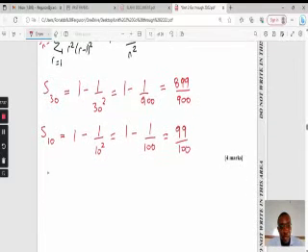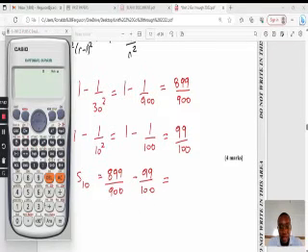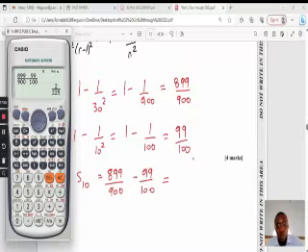So finally, S30 minus S10 is 899 over 900 minus 99 over 100, which I put in the calculator because I really cannot bother to do that subtraction mentally. It's actually quite a bit. Subtract 99 over 100. That should be 2 over 225.